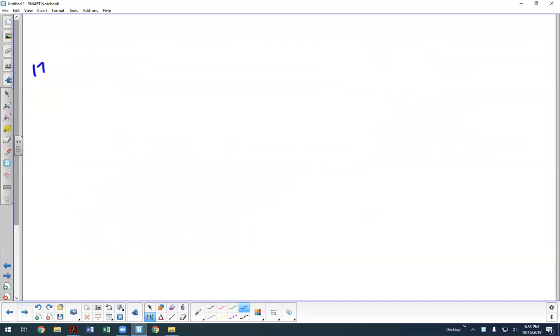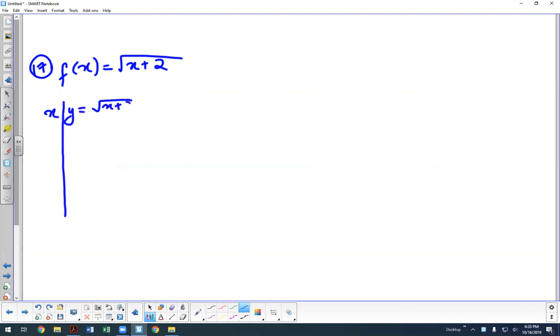So the original function given to us is f of x equals square root of x plus 2. Okay, so let's start by creating a table for this point. So what values can I use for x in this function?